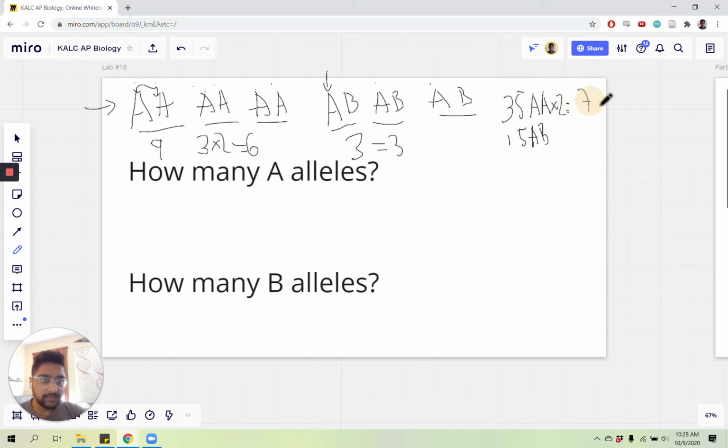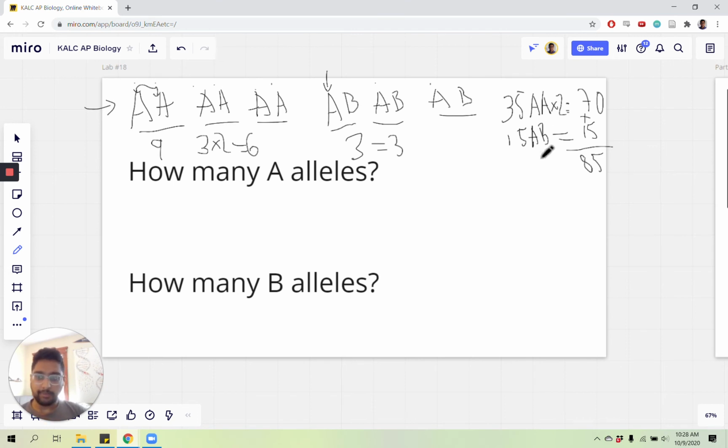So that's actually going to give us 70. And then we just need to add the number of individuals that are AB, 15. And when we add those together, you get a total of 85 A alleles. And so we can figure that out for basically any number of individuals with AA or AB.